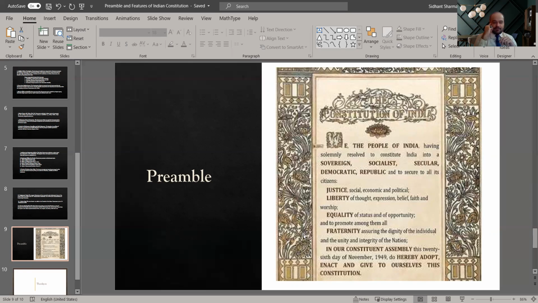So, as I have read the preamble word to word, we need to understand these concepts minutely. The word, we, the people of India. This means that we have a social contract with the government, that we are the authority, we are the representation, we are the power that resolved to constitute India into a sovereign.